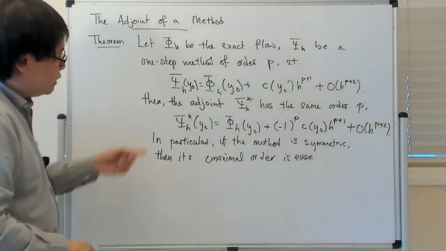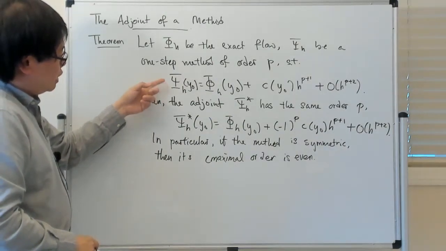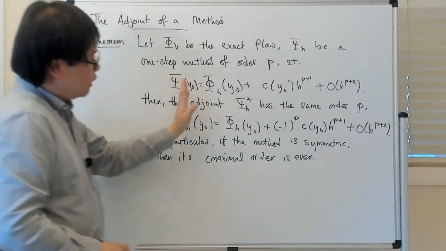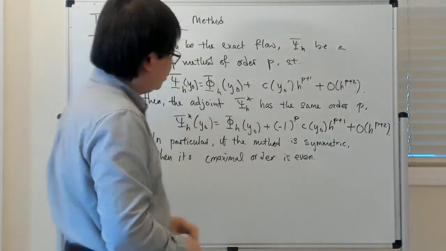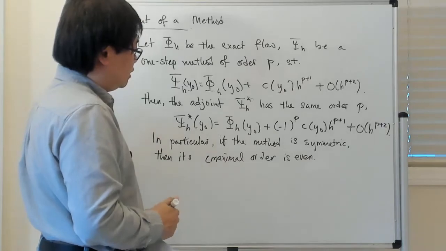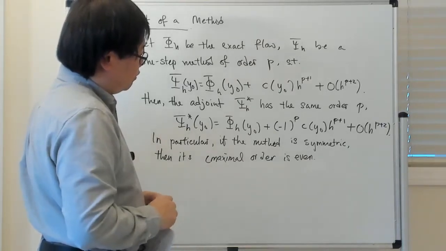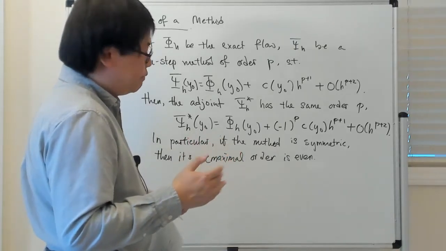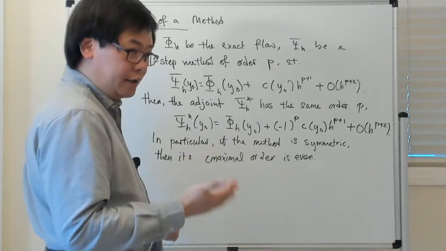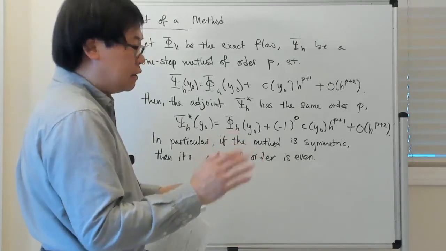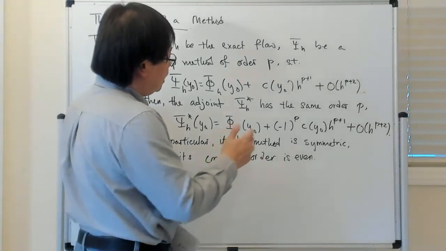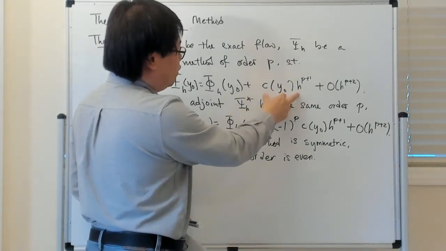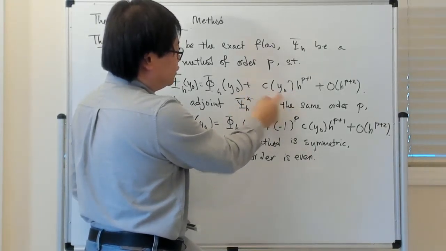If the method is symmetric, then the method and its adjoint are the same, so they both satisfy this kind of error relationship. Let's think about what happens. If the method is order p and p is odd, hypothetically, then you have this leading order error term, but in one case you have c(y0) as a coefficient.